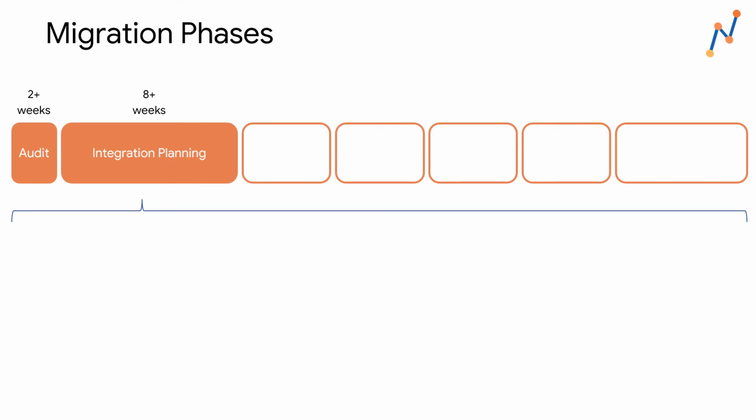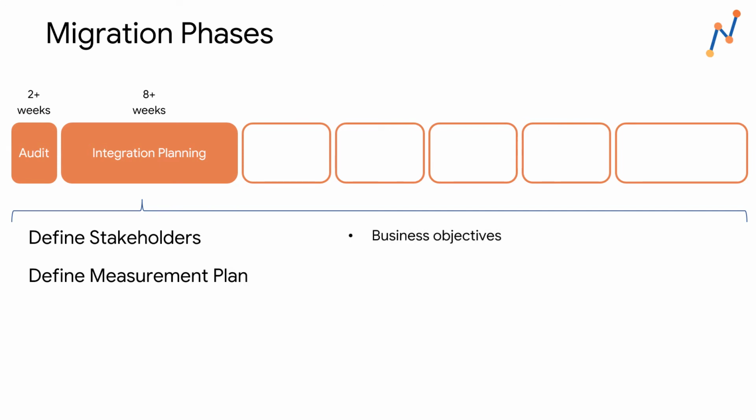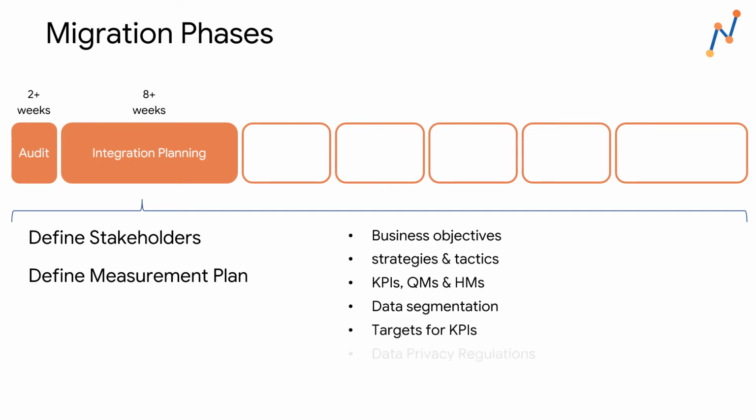This is due to the fact that several steps need to be taken, which are a clear definition of stakeholders who will be part of the project and who are also eligible to make decisions, the definition of the measurement plan, which will outline and document the following topics: business objectives, identified strategies and tactics, KPIs, quality metrics and helper metrics, decision on data segmentation, defined targets for the KPIs, and also if data privacy regulations apply and how they will impact the data collection.